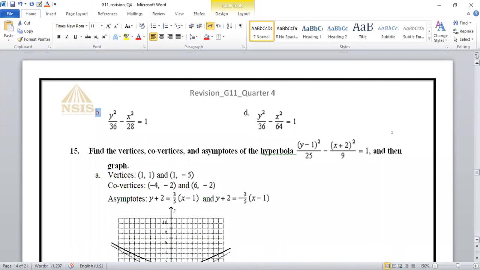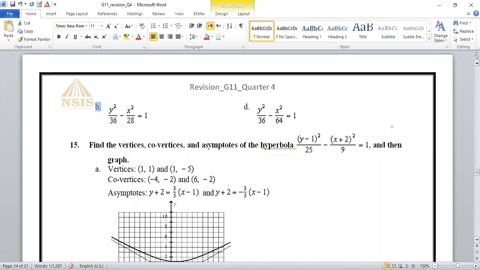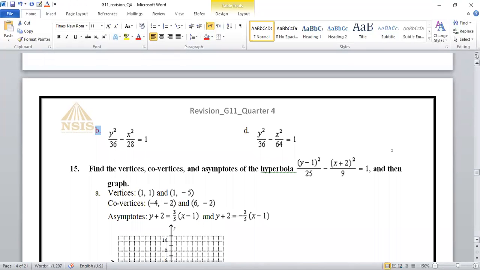Number 15: find the vertices, co-vertices, and asymptotes of the hyperbola (y minus 1) squared over 25 minus (x plus 2) squared over 9 equals 1, and then graph.